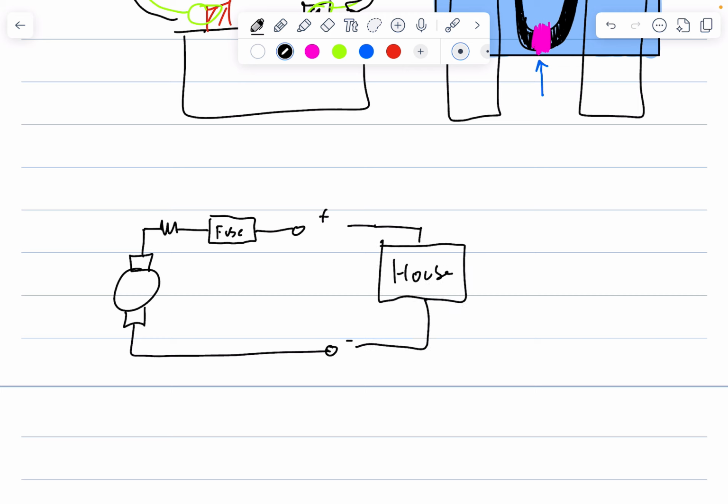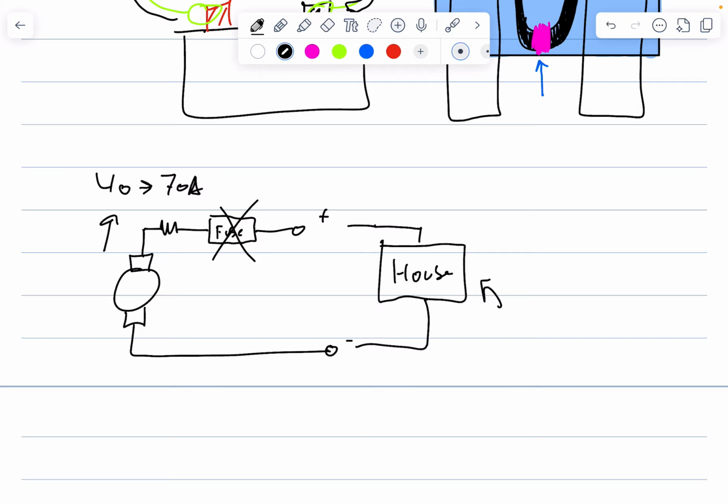All of the circuitry inside of here is only rated to have so much current. If the current here spikes, you have a high event here, like 40 amps. Actually, maybe it's more realistic for it to be like 70 amps. This guy's going to kill himself. He's going to die, and he's going to protect everything downstream.